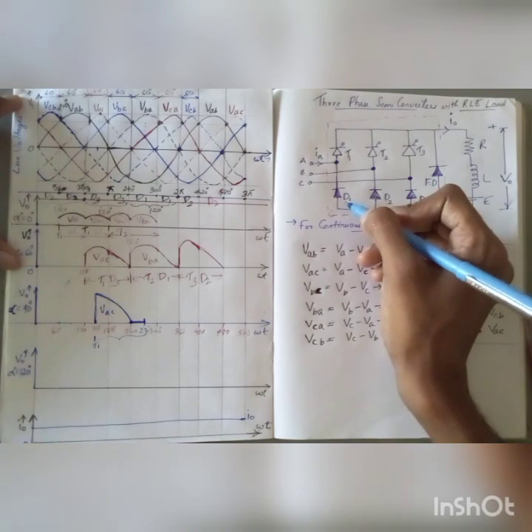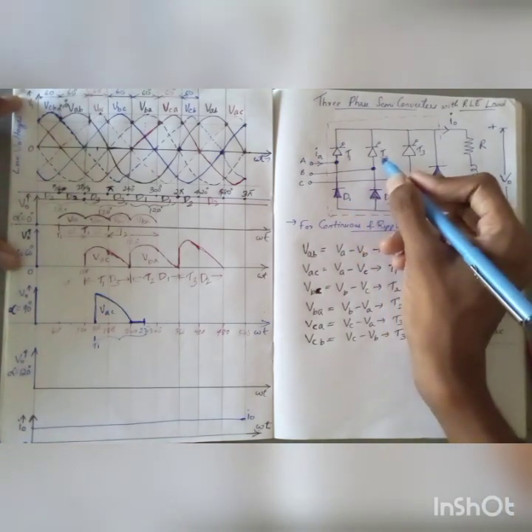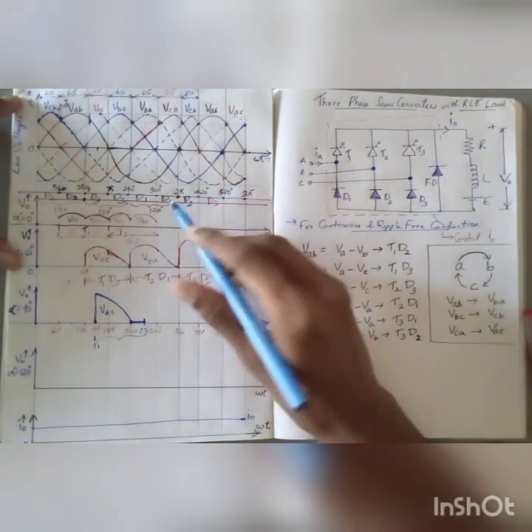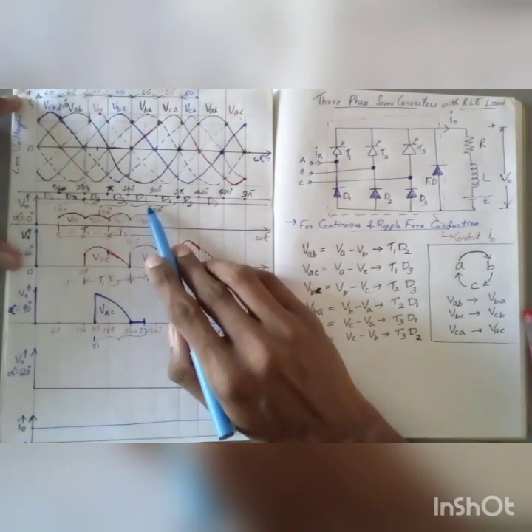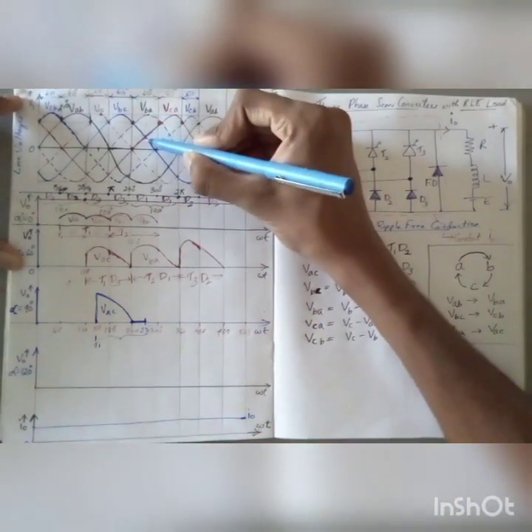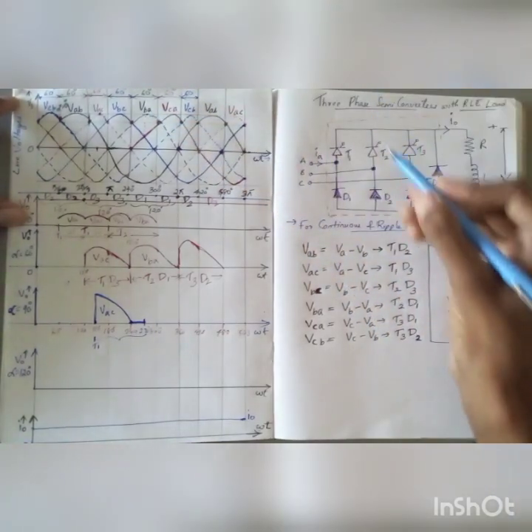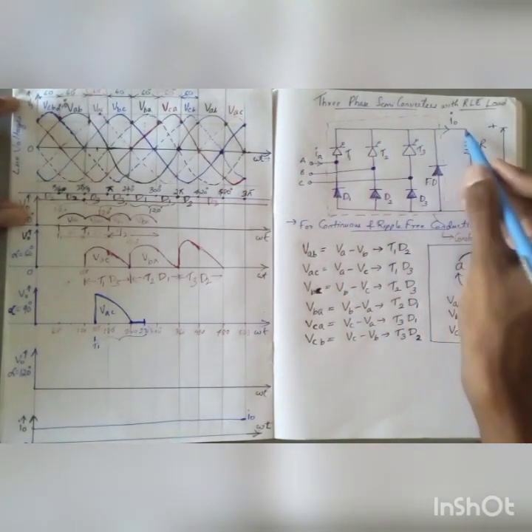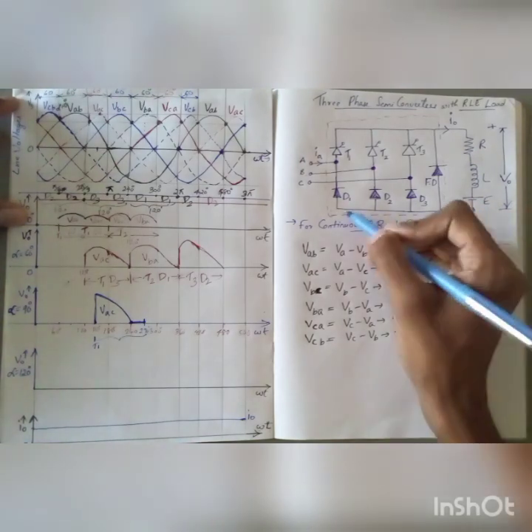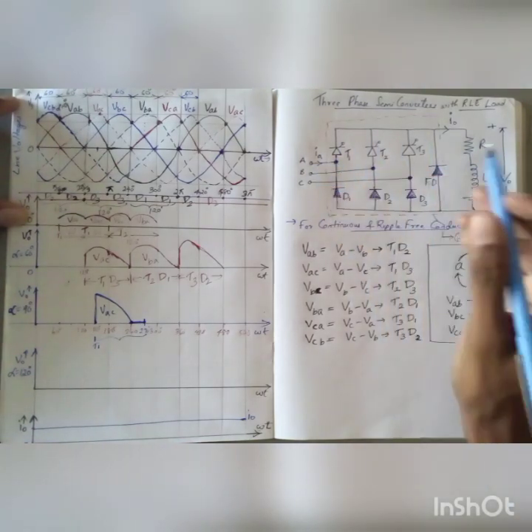A is negative means D1 is conducting, and T2 is now triggered. So what is the combination? T2 D1. From this point onwards VBA will come across my V0. Hope it is clear for you.